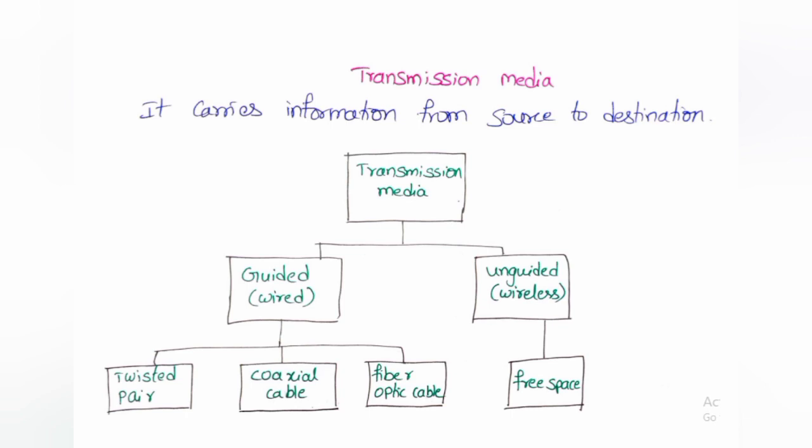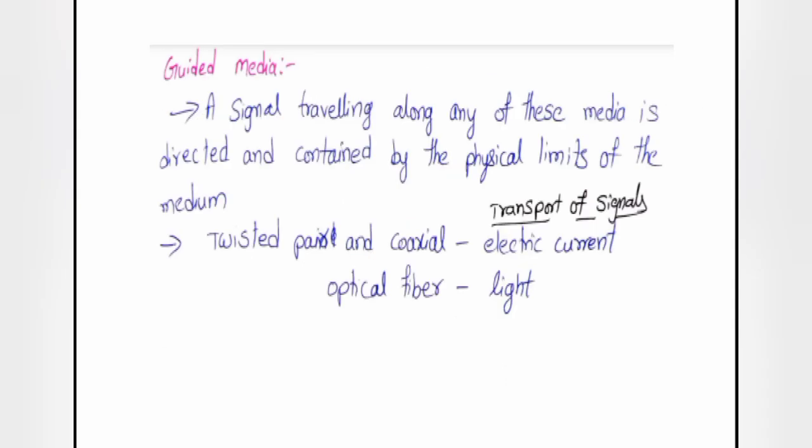Now let us see the different types of transmission media, that is guided media and unguided media. Guided media is classified into three types: twisted pair, coaxial cable and fiber optic cable. In this video we will discuss the guided media. Guided media means a signal traveling along any of these media is directed and contained by the physical limits of the medium.